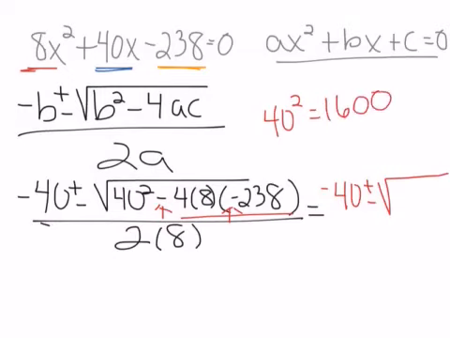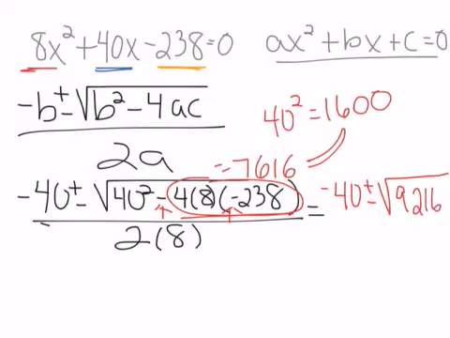Okay, and 4 times 8 times 238 gives me 7,616. When I add those two pieces together, I get 9,216 all over 16.